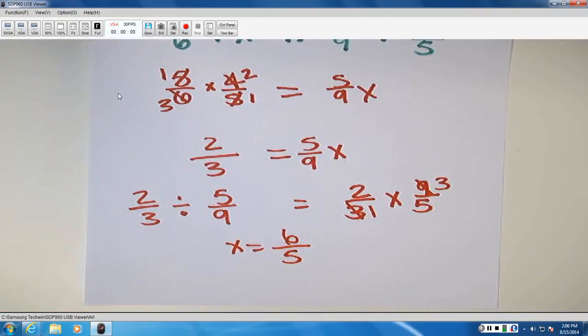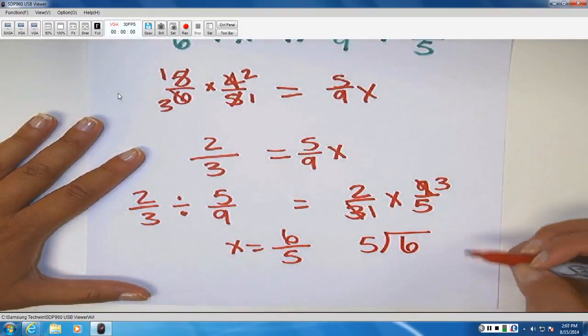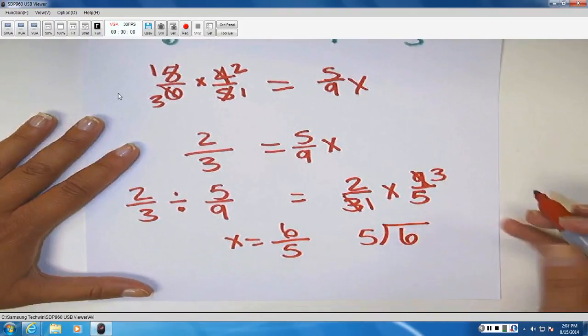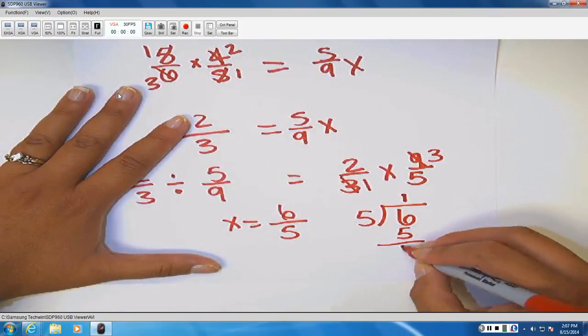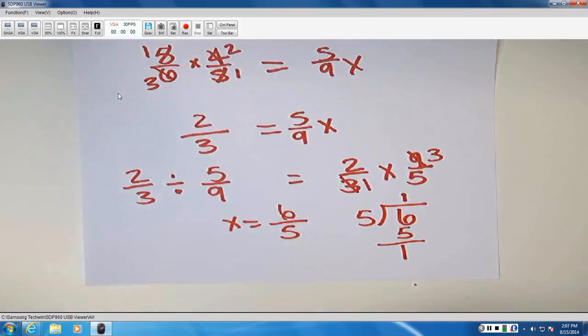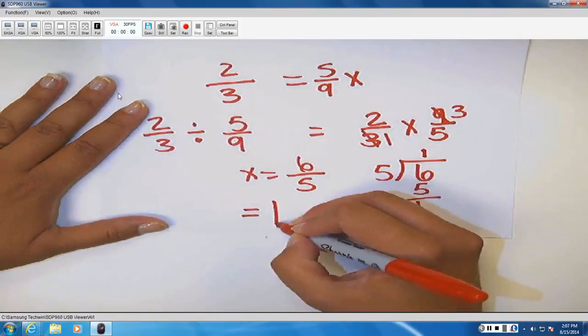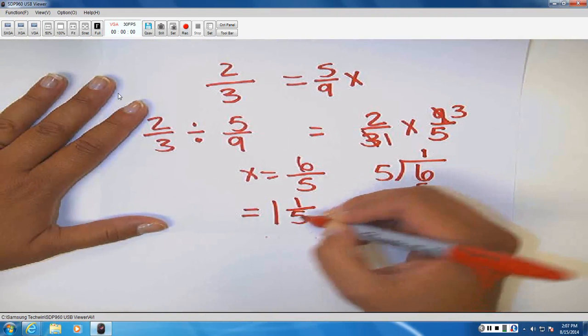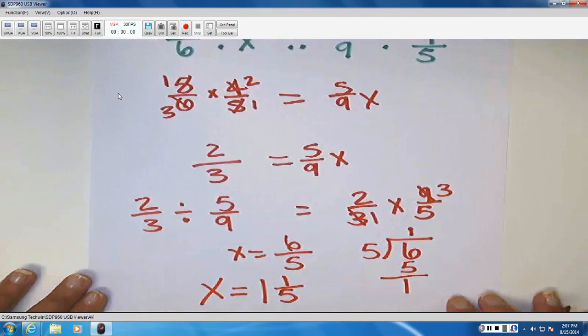So basically all we have to do now is take this improper fraction and turn it into a mixed number. And we do that by taking 5, dividing it into 6. I know that 5 will go into 6 one time. Okay, so my final answer ends up being 1 1/5. X equals 1 1/5.